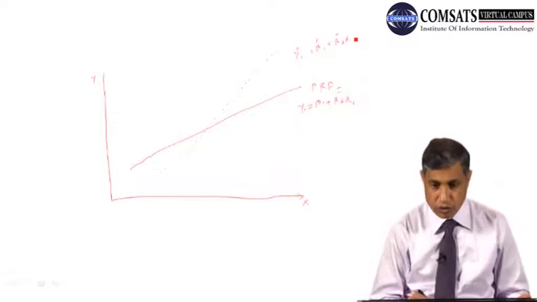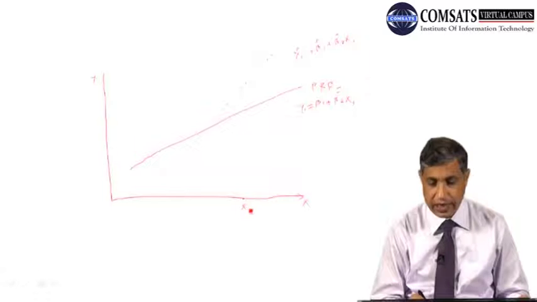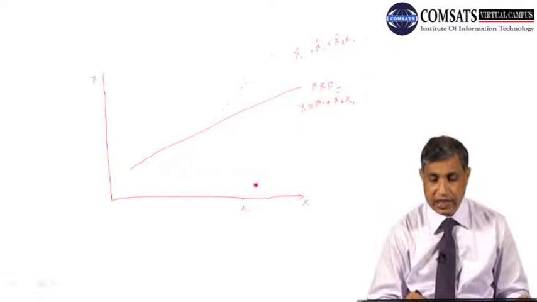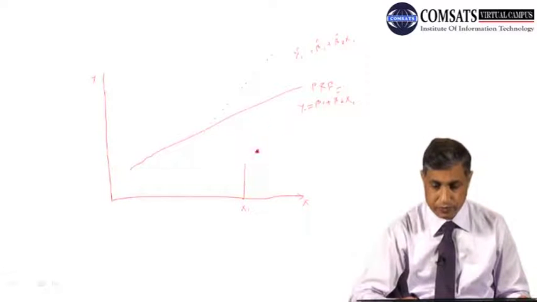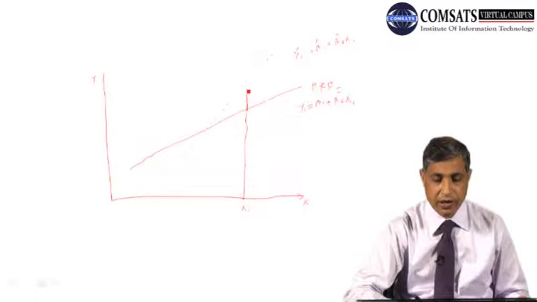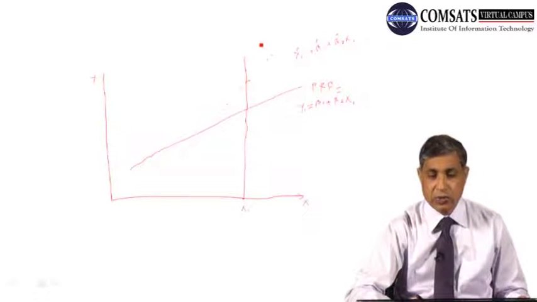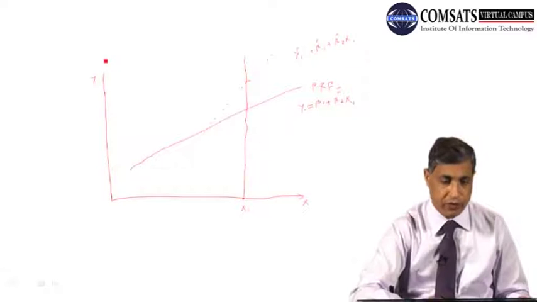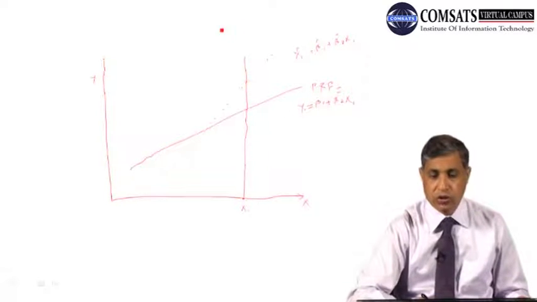And now I further suppose that this is xi. This value is xi, and I go up over this xi. I connect this to the population regression function and take it further above.